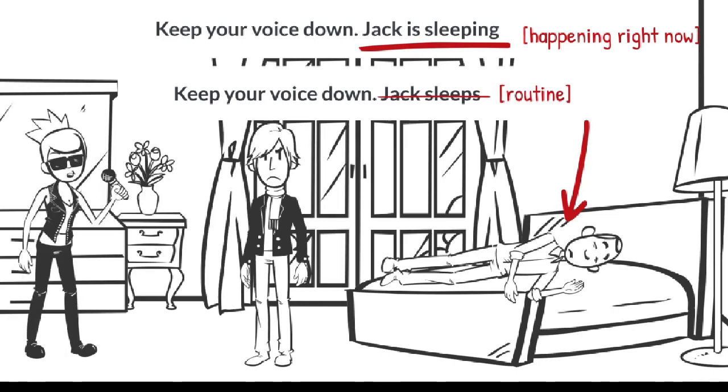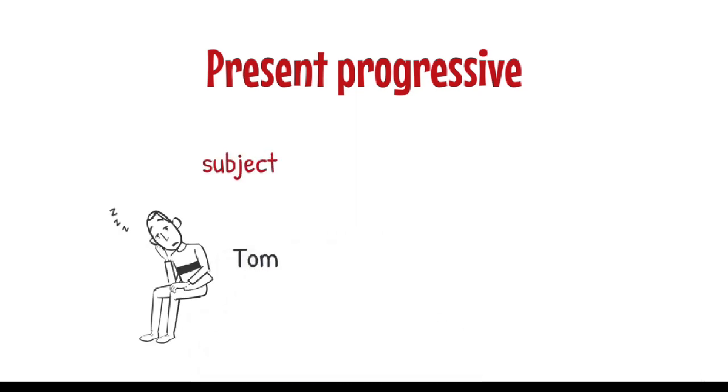Jack is sleeping. What does the sentence in present progressive look like? Subject plus verb be in the correct form plus verb with ing ending.